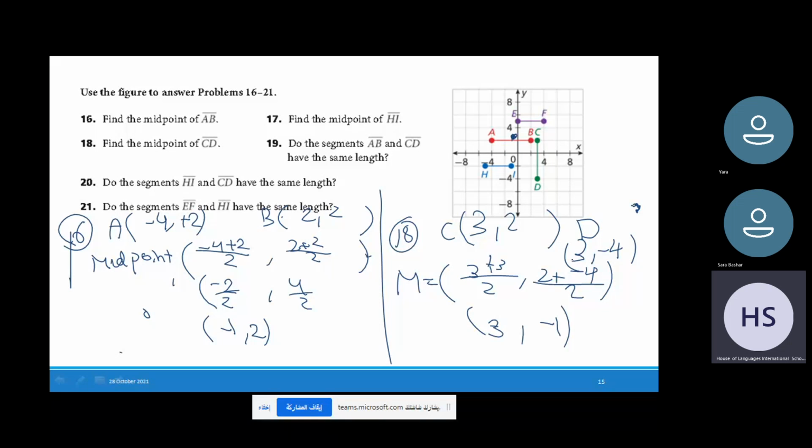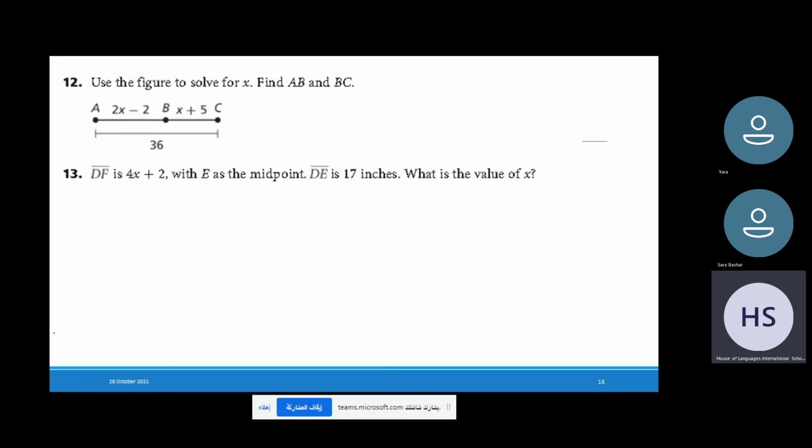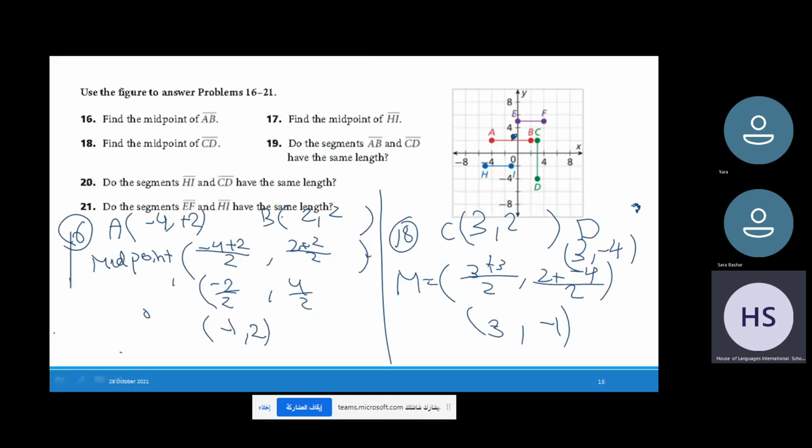Now did you finish 16 and 18? So now number 19. Super easy, teacher. The answer is 16 and 18. Yes, they are. Well, easy. Now. Just a minute. Okay. Now did you finish 16 and 18? Yes.